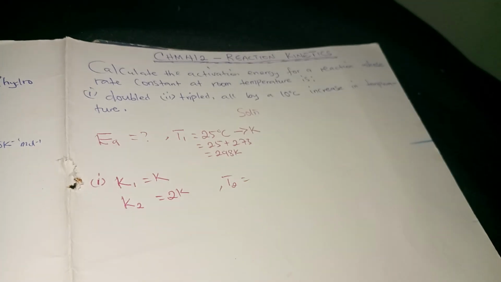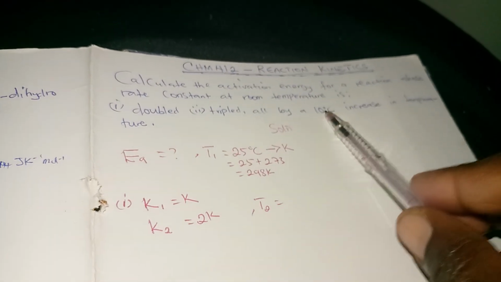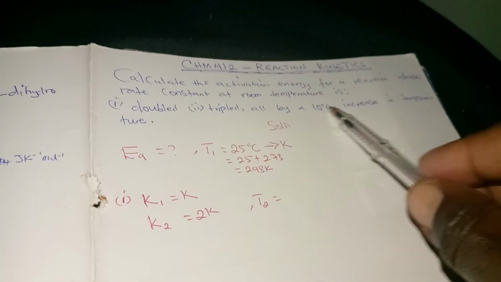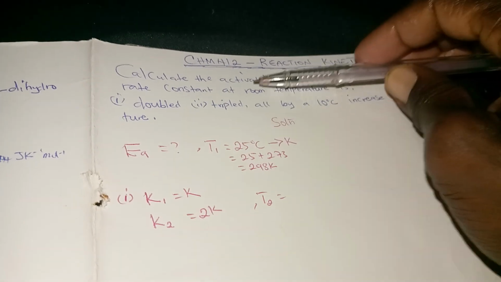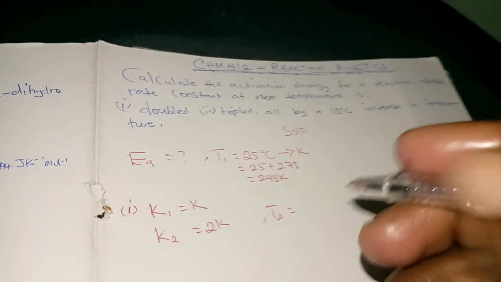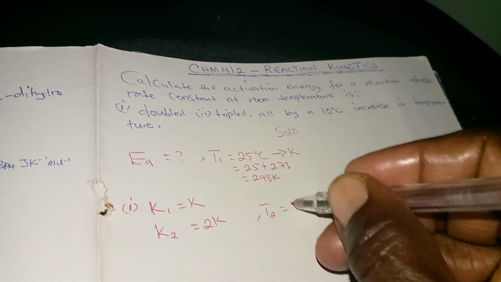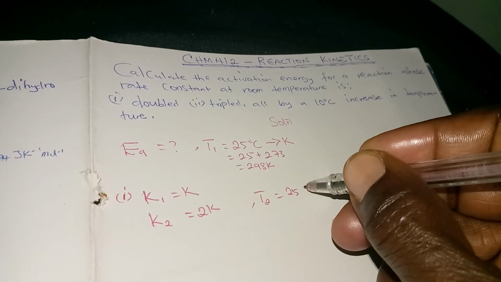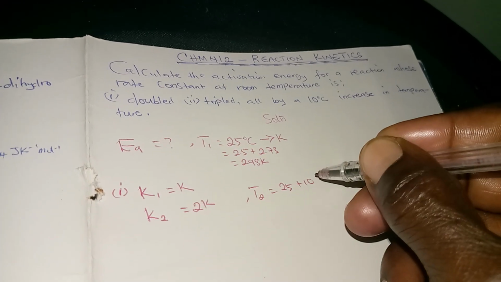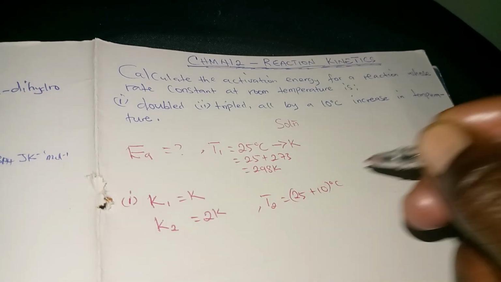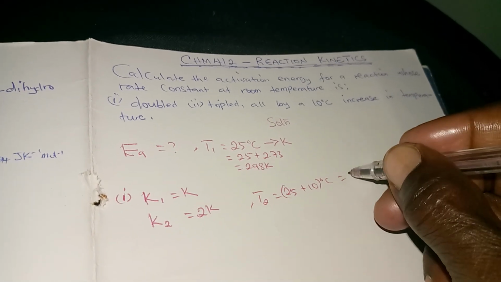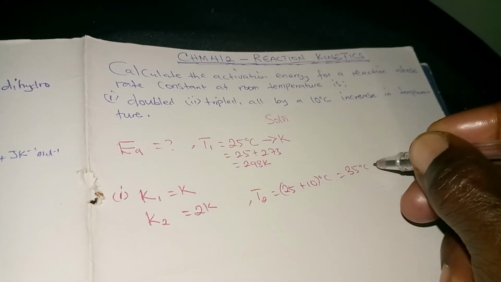The room temperature is increased by 10. Remember, the room temperature was 25 degrees Celsius, so it's increased by 10 degrees Celsius, and this makes it equal to 35 degrees Celsius.